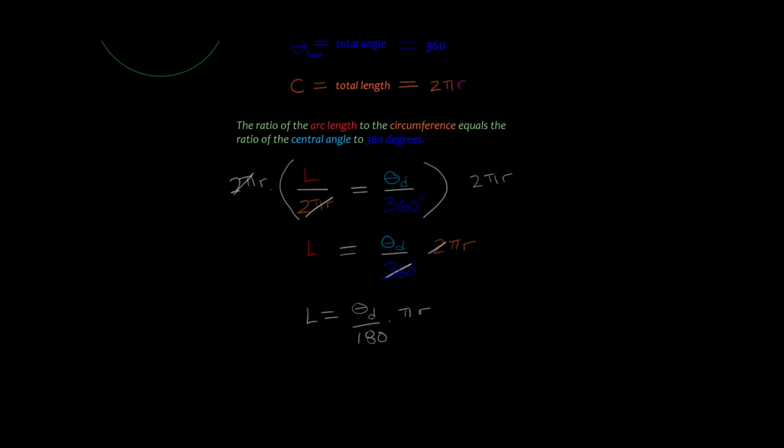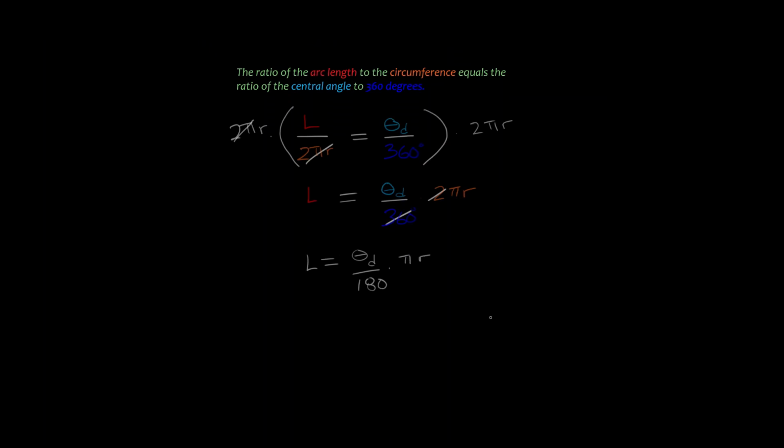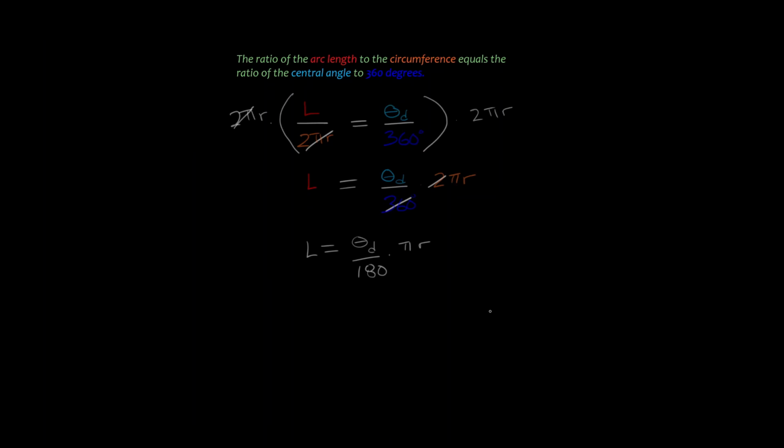pi r. Another way that we can rearrange this is we can actually solve this for theta sub d. If we solve this for theta sub d, I'm just going to go ahead and do it. So essentially this is multiply both sides by the reciprocal here. So multiply both sides by 180 divided by pi over r.